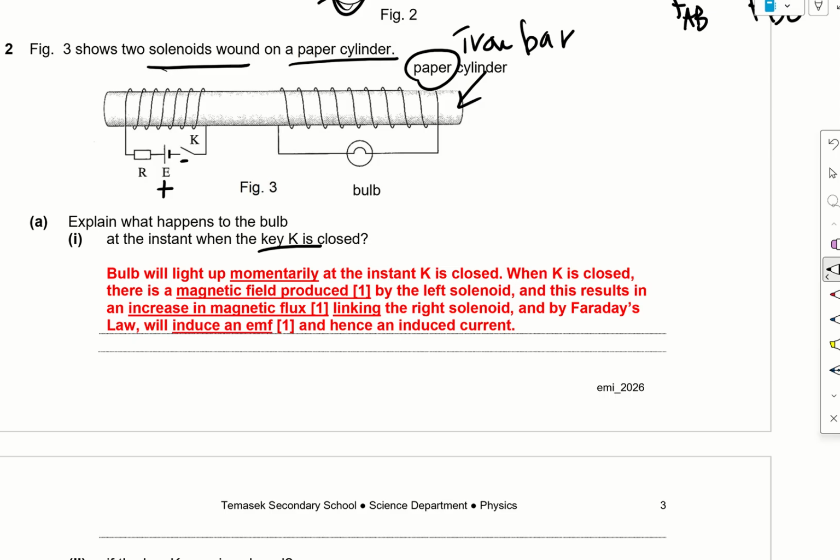Once the switch is closed, current will come out from positive, and you need to draw all these wires, the current in this solenoid, and then you apply. So this is first step, this is second step, and third step is you apply your right hand grip rule for solenoid, where the thumb represents the north.